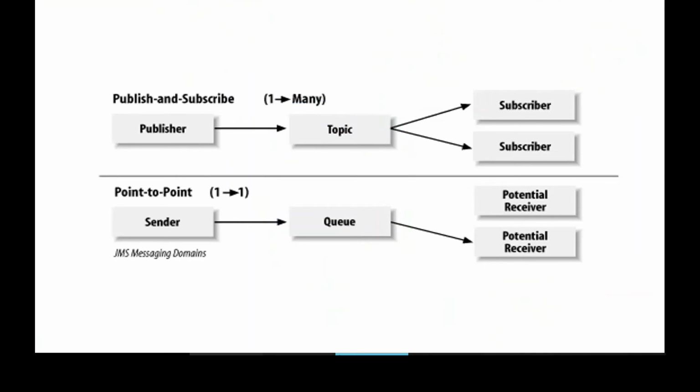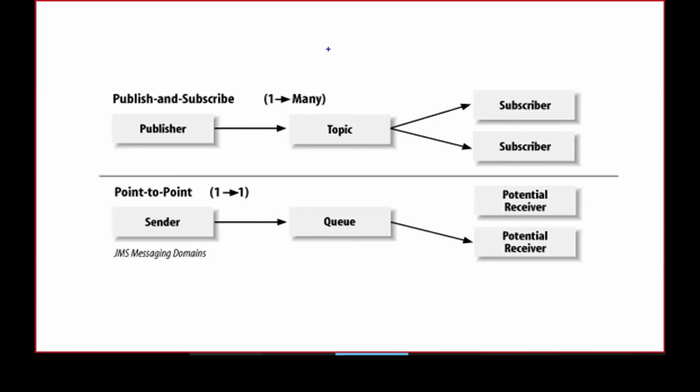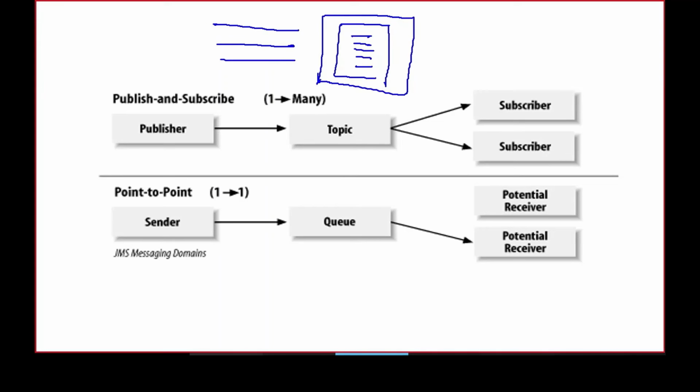So to conclude, all you need to understand is a messaging system is something which acts as a mediator between two parties, that is a publisher of information and a subscriber of information.